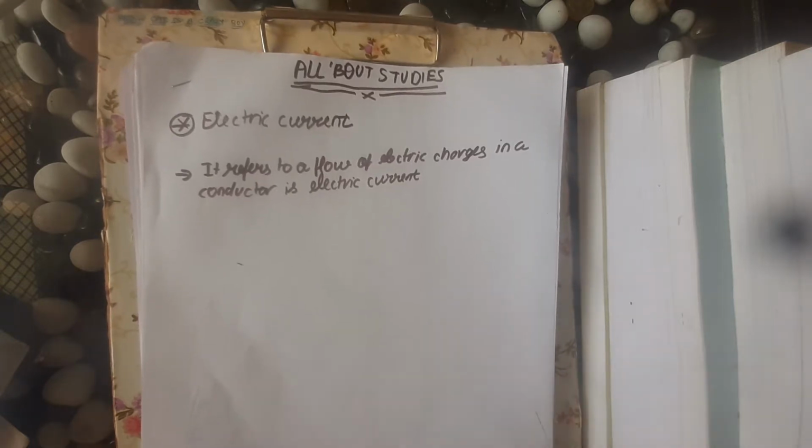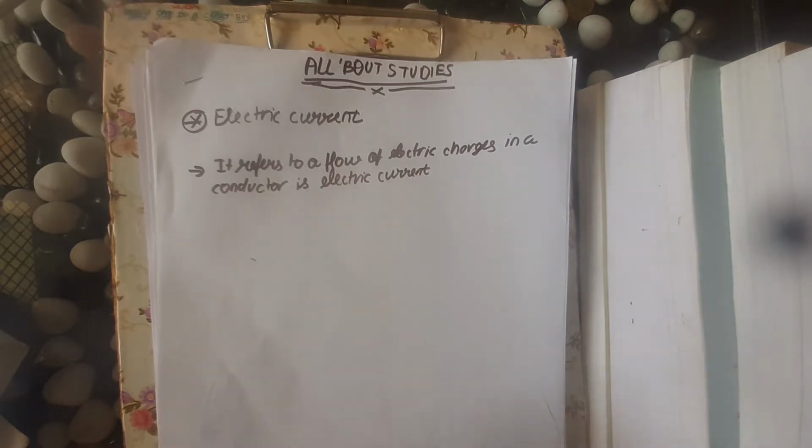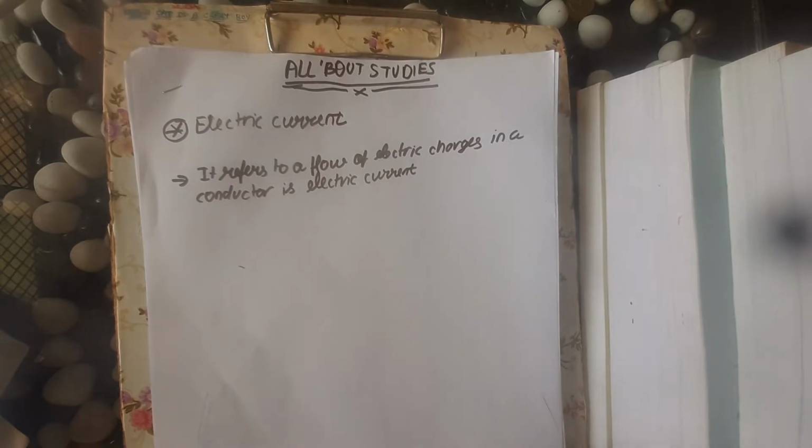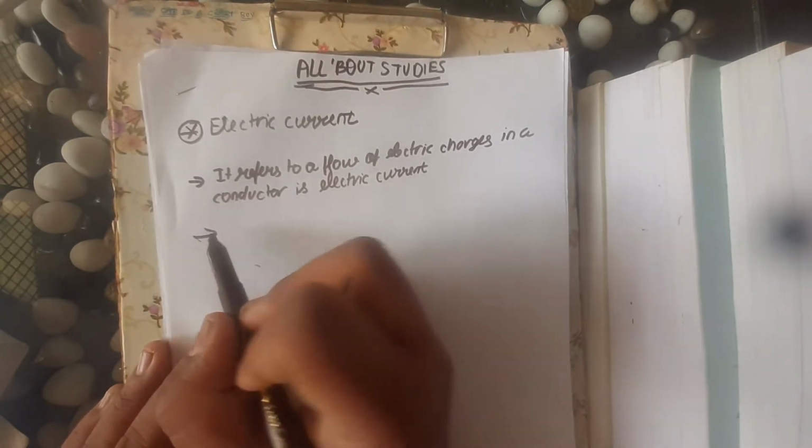So here, as you can see, these particles are going from their reservoir or source to an empty space. In electric current as well, the electric charges are flowing from the source or the reservoir to a place where there are absolutely no electric charges. This language can be used for your understanding, but as we are studying science, physics to be precise, we have to understand in the physics terminology.